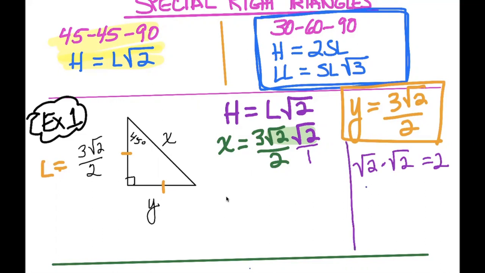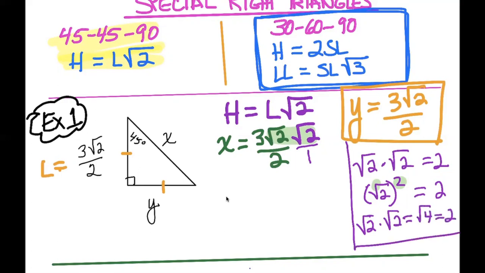This is the same thing as the square root of 2 squared, where they're inverse operations, meaning that this square undoes the square root. They're inverses, and so you get 2. Or you can think of it as the square root of 2 times itself is the square root of 4, which is 2.